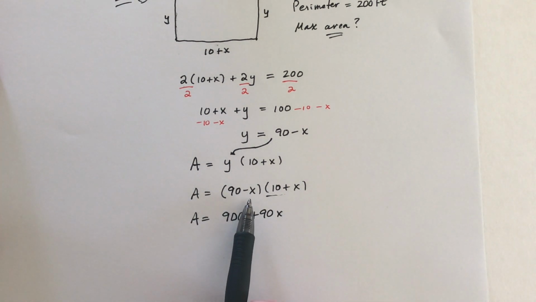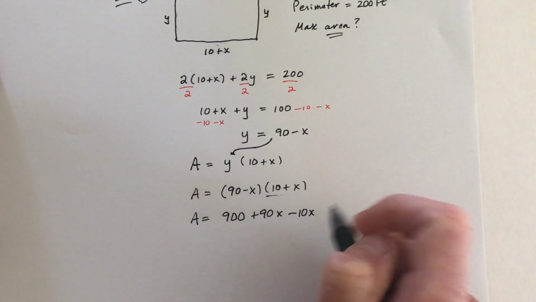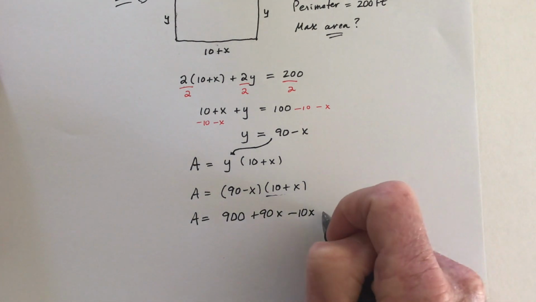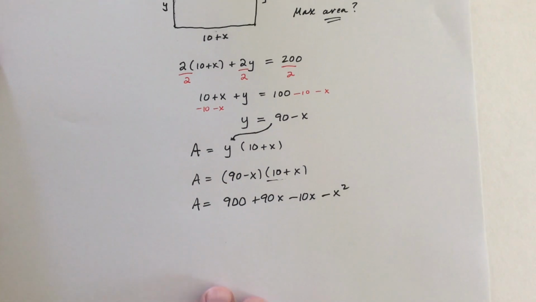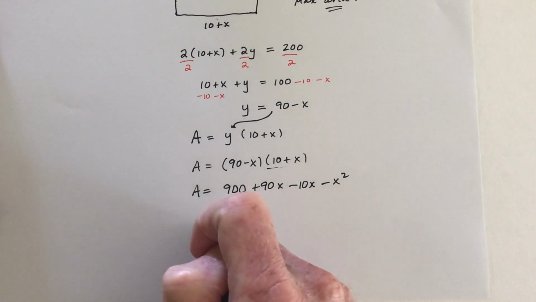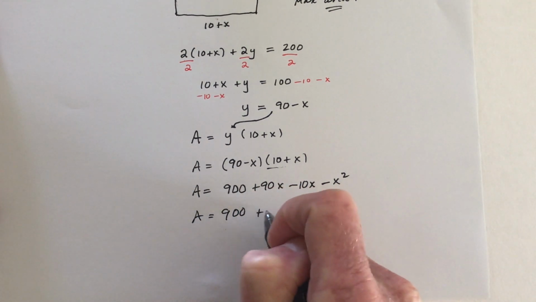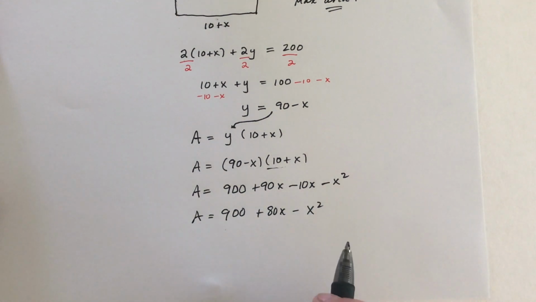Now distribute the minus x times 10, so minus 10x. And finally, a minus x times a positive x is minus x squared. Or if I combine like terms right here, the area equals 900 plus 80x minus x squared.